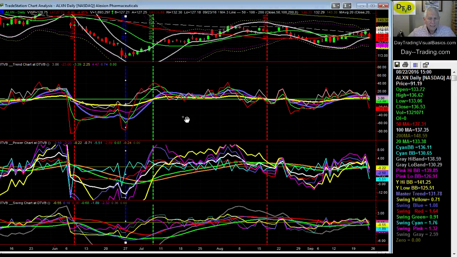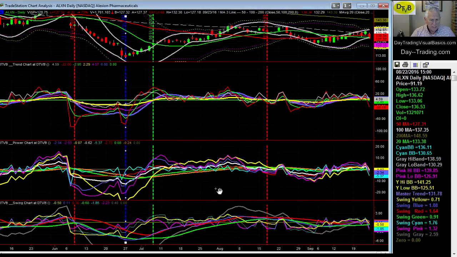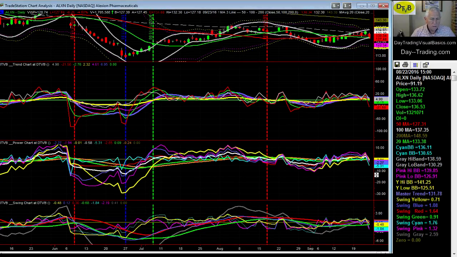And there is a classic example. Trend red is in a low angle down, and you'll often see that happen. When trend red is in a low angle down, it marks the change of a cycle, and it's verified by numerous other indicators in the different charts.